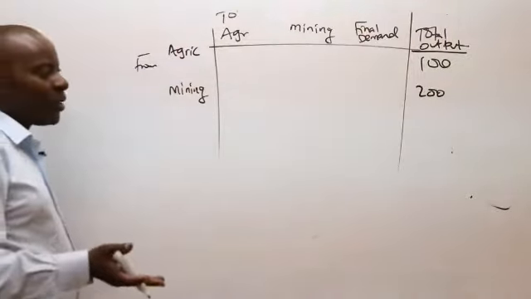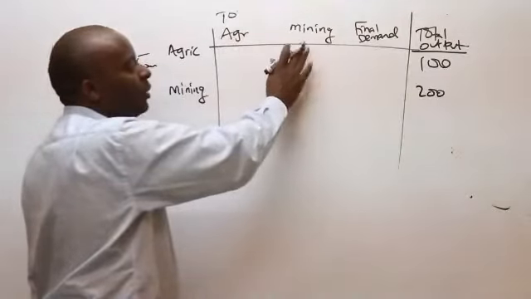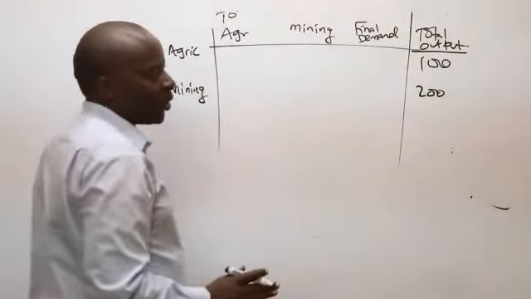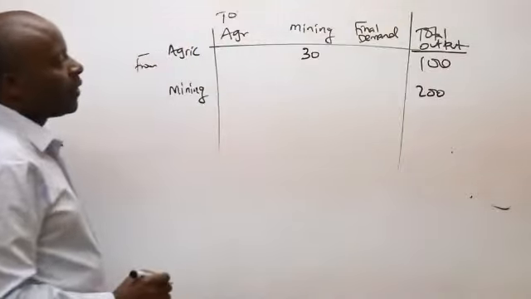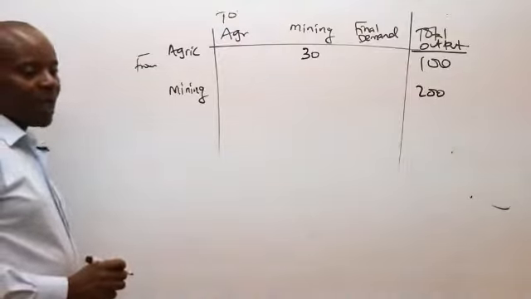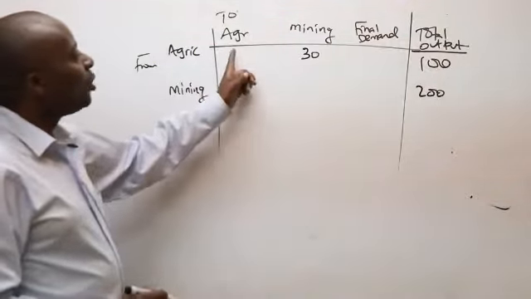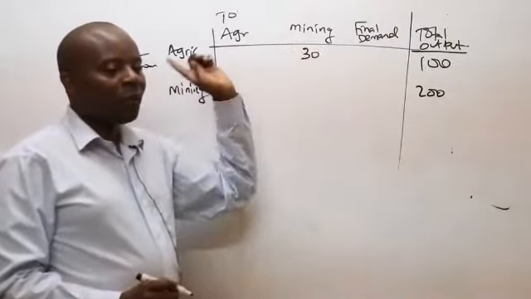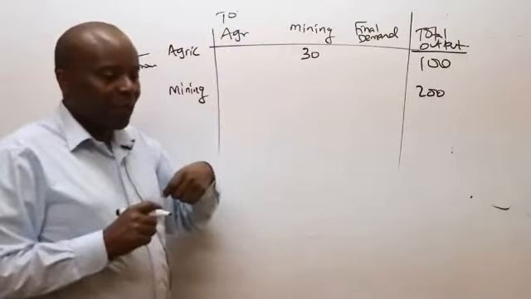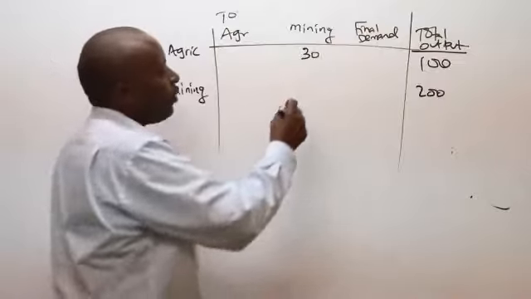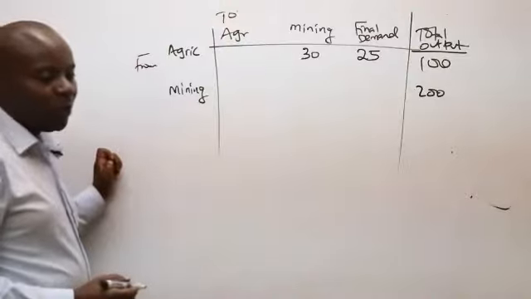For example, agriculture could have sold 30 kilograms of maize to the mining sector, and 25 kgs went for final consumption, what we call final demand.